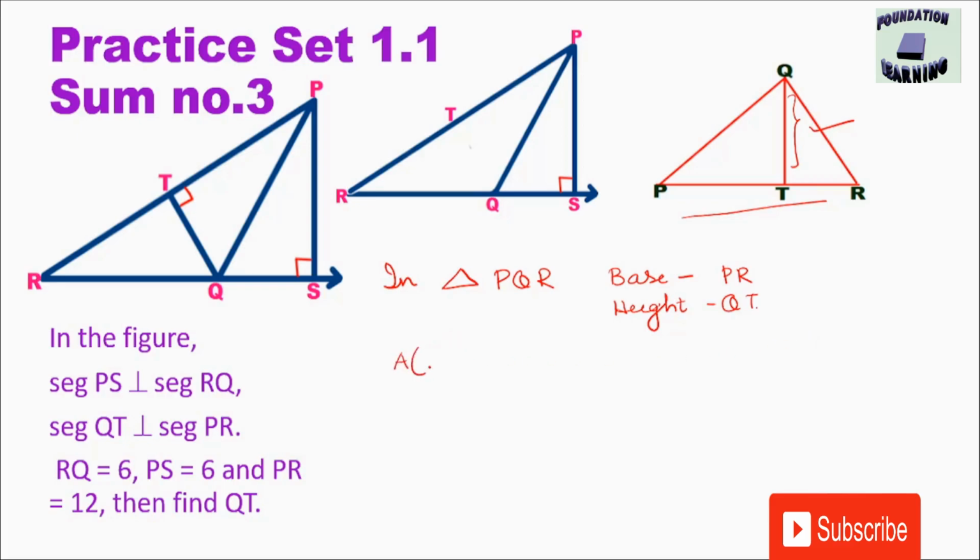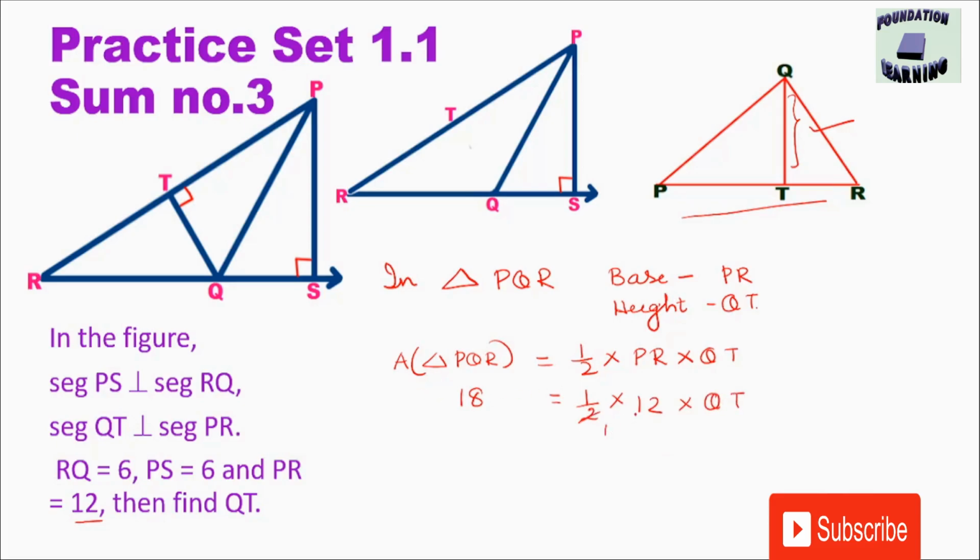Area of triangle PQR is equal to half into PR into QT. We have found the area of triangle PQR as 18. So 18 is equal to half into, how much is PR? PR is 12, into QT. We don't know QT, so we write it as it is.